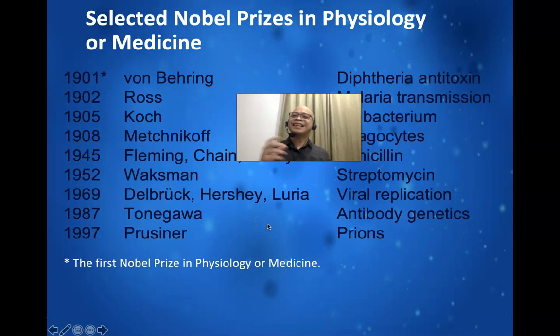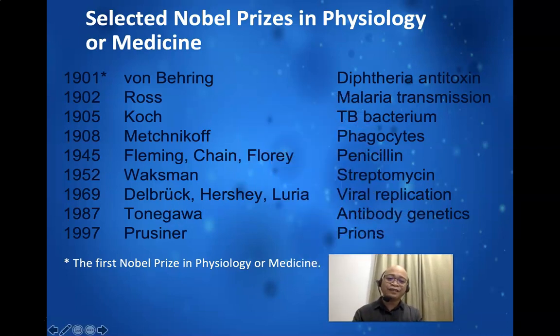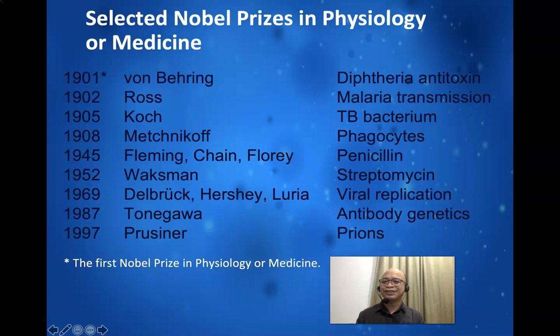And these are selected Nobel Prizes in physiology or medicine involving microbiology. As you can see, Robert Koch discovered Mycobacterium tuberculosis. Elie Metchnikoff discovered the role of WBC in phagocytosis as early as 1908.